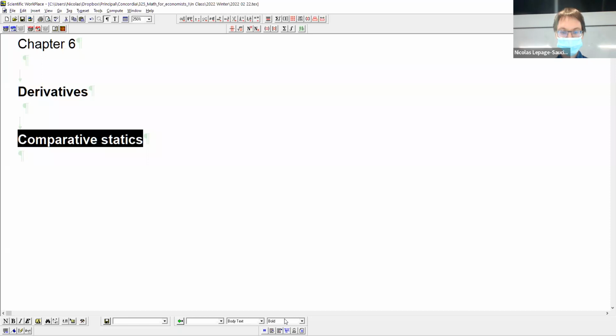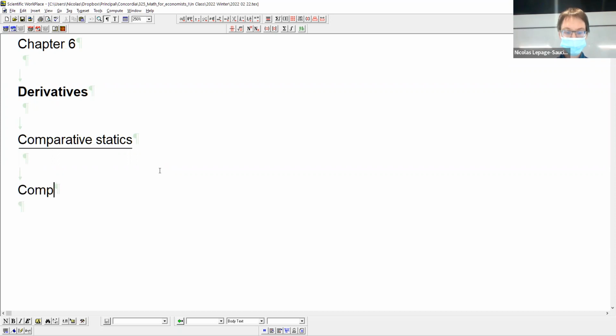So let me put this in. Comparing different equilibrium states when parameter values change.